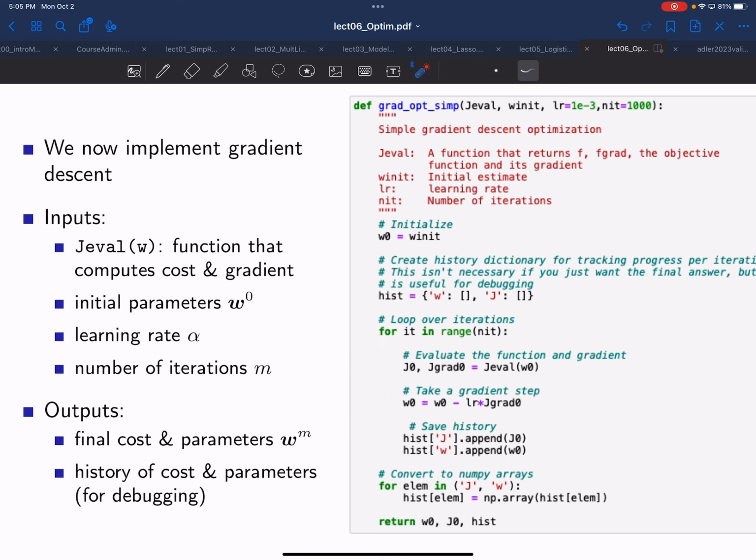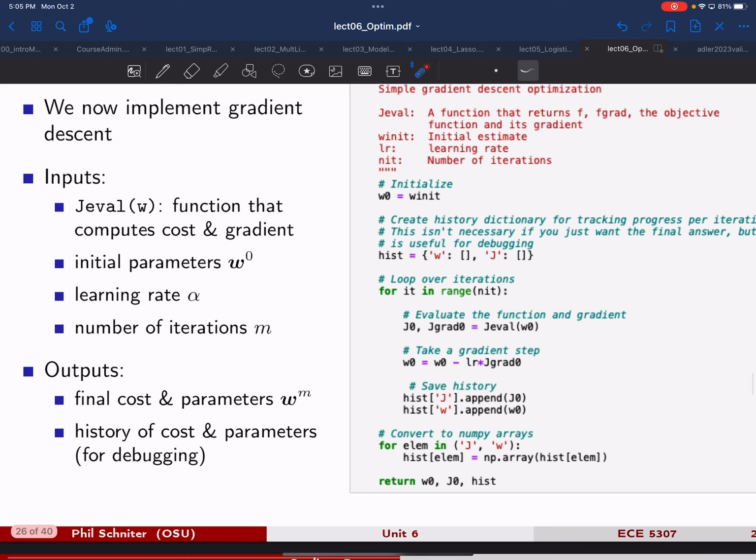But to keep track of what's happening, we're going to remember the cost and the parameter vectors. We're going to make this history object, and we're going to append to the end, so we'll have a list that's going to grow longer and longer the more iterations we run. And then to export it, we're going to convert that list to NumPy arrays and return the final W vector, the final cost, as well as our history.